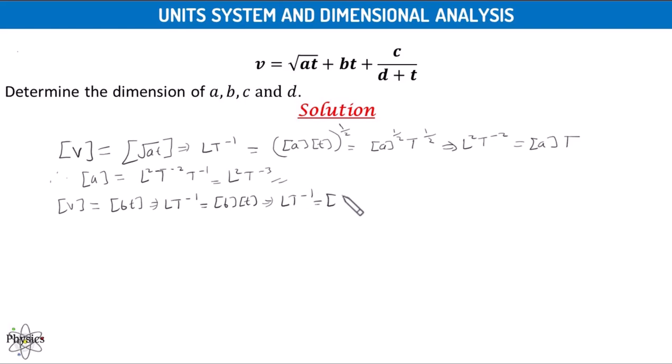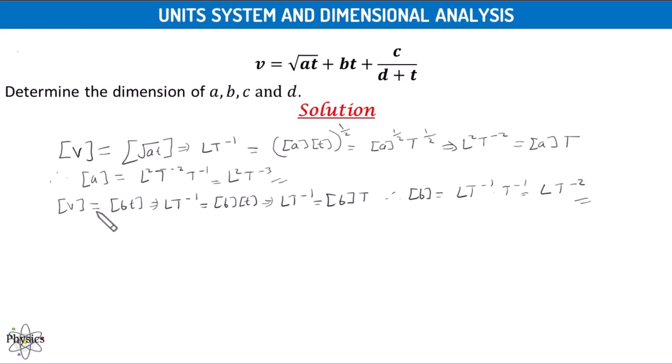We have the dimension of B. The dimension of T is capital T. So therefore, make the dimension of B the subject of the formula. The dimension of B is now going to be LT minus 1. If we divide both sides by T, that is T to the power of minus 1, we are left with LT minus 2. So the dimension of B is therefore this.